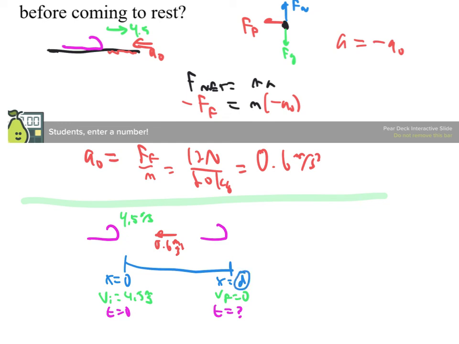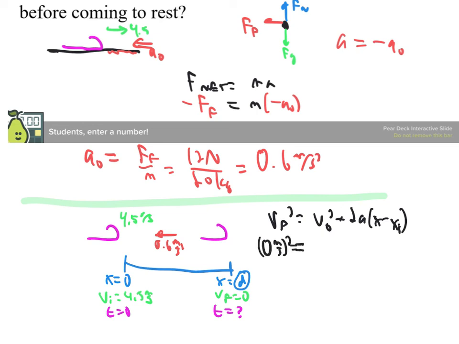So I look here and I say, well, I have two distances. I have a velocity and acceleration. I don't have time. I don't want time. We're going to use the vf square equals v0 square plus 2 times the acceleration times the change in position. We end at 0 meters per second.